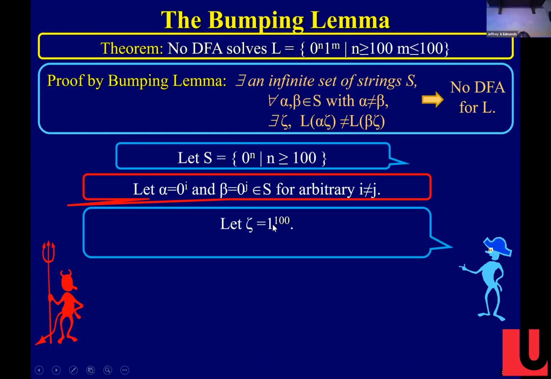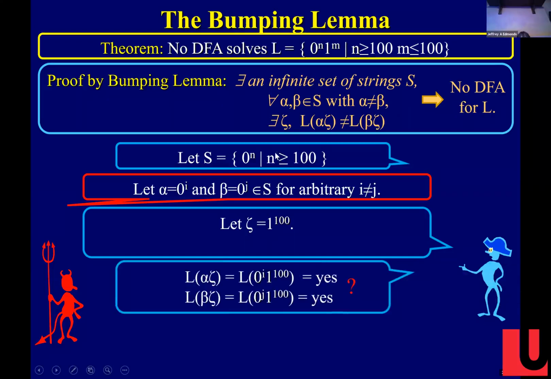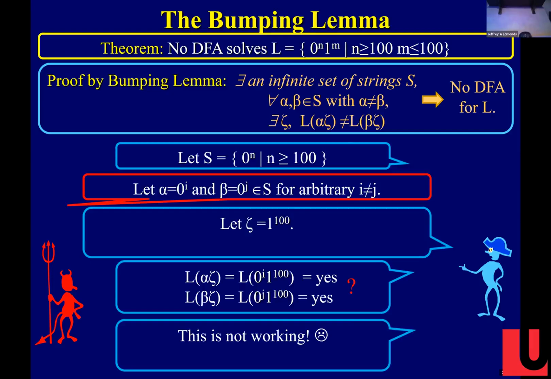So if I make zeta be 100 ones, well, I know the first names are all greater than 100, so the second name is less than or equal to 100, we get all yeses. That's not working. Let's try something else. You can try various proofs here, and none of your proofs will work. And why will none of your proofs work? Because actually a DFA can solve this.